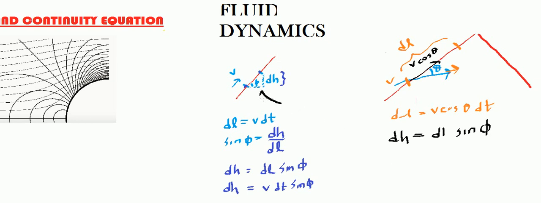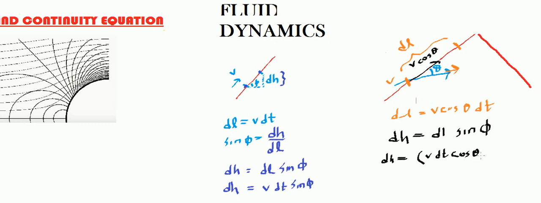This is phi, as you know, and this is theta. So what is dh? dh equals to, what is dl? dl is v dt cos theta. So write it, v dt cos theta.